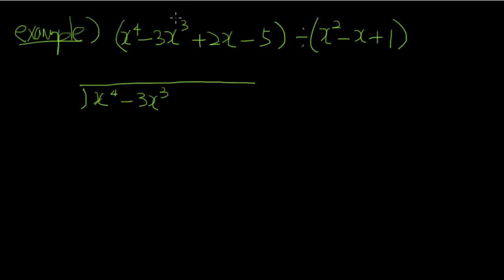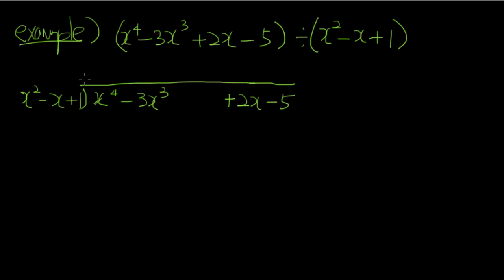Like I mentioned in the previous case, if there's a missing term like x squared, then we're going to leave some space and then plus 2x negative 5, like this. I'm going to put the rest in here, but we're going to leave some room for the x squared term. That will be divided by x squared negative x plus 1.